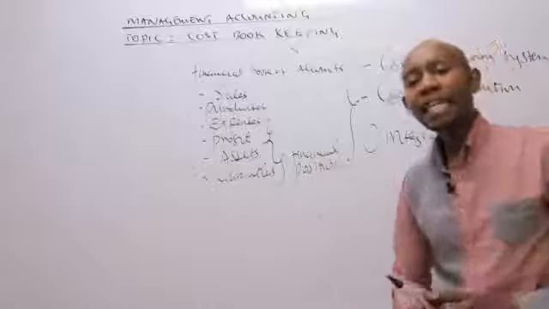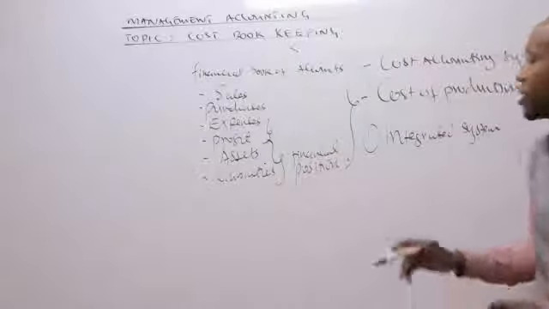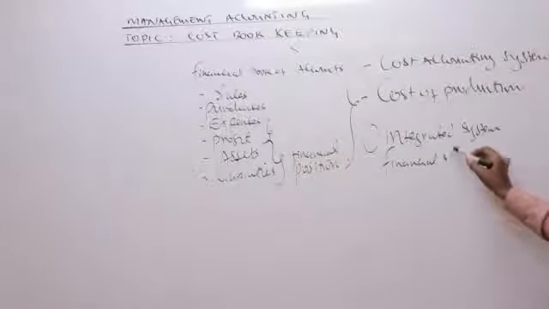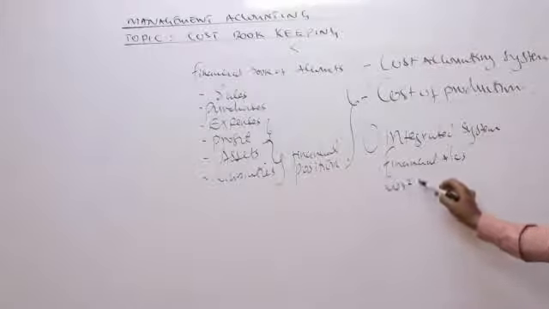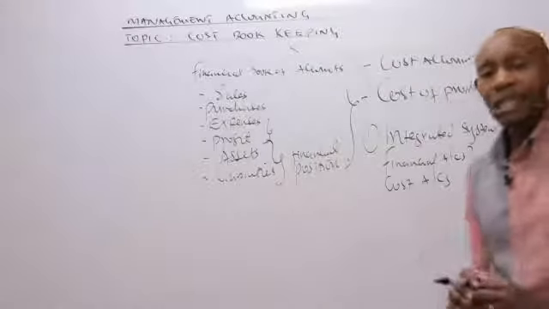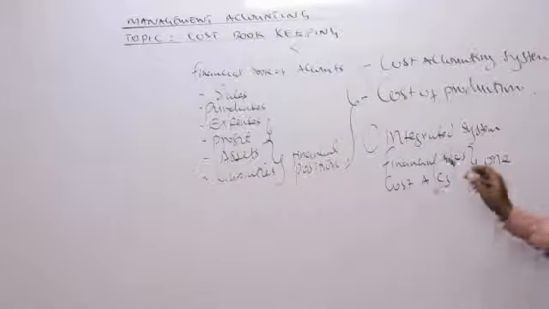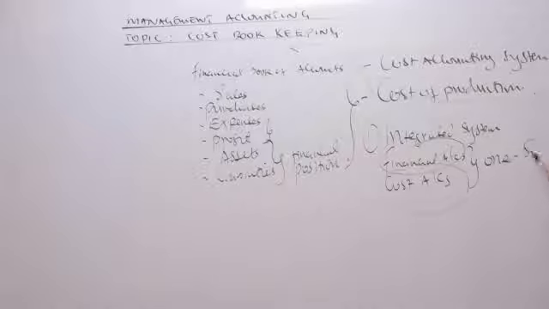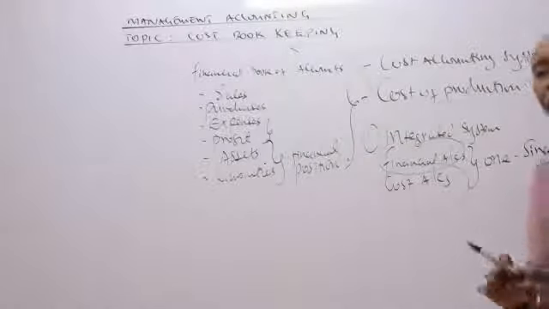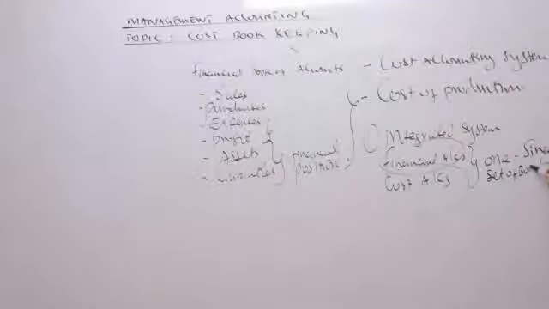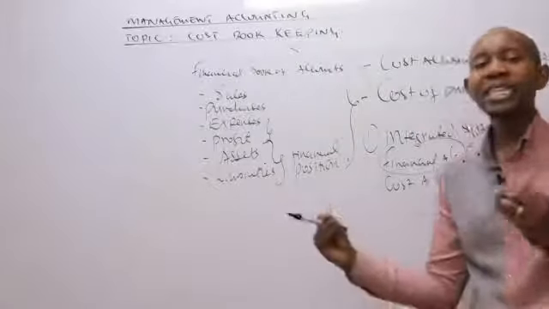Under the integrated system, both the financial accounts and the cost accounts will be maintained as one. In other words, there will be no division between the financial and the cost accounts, and so a single set of books of accounts will be maintained. So we call it integrated.